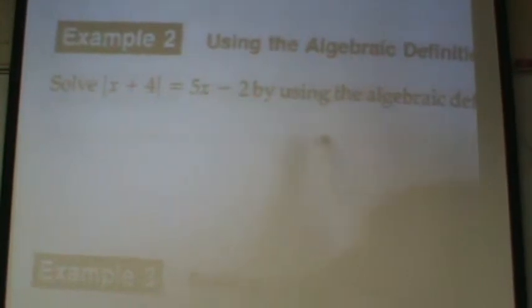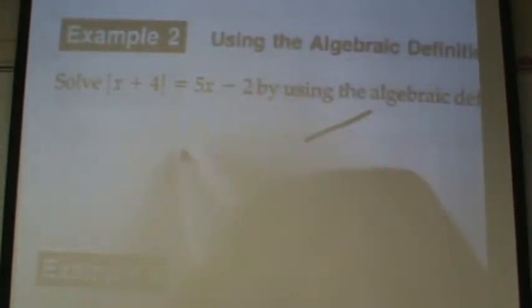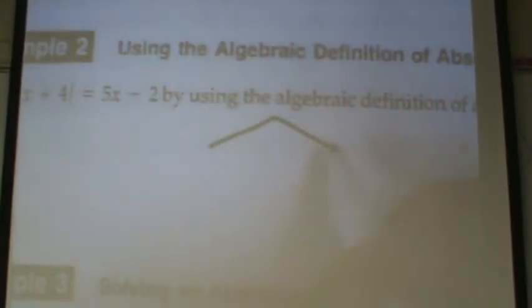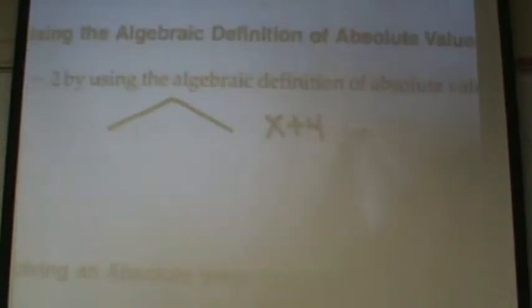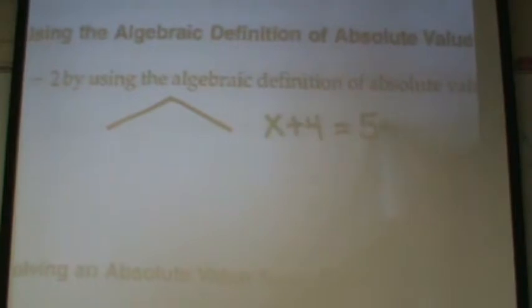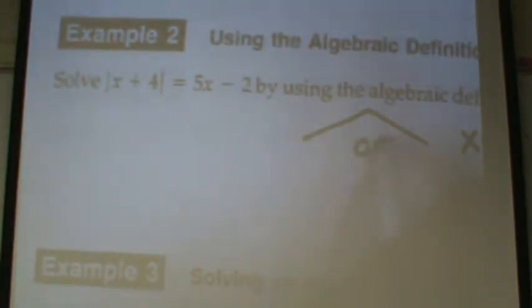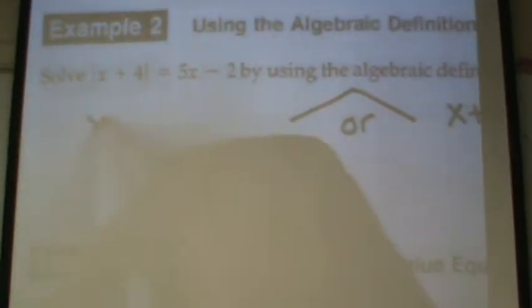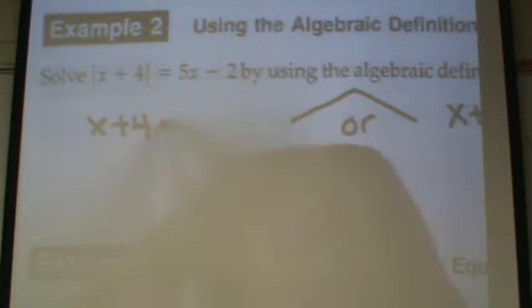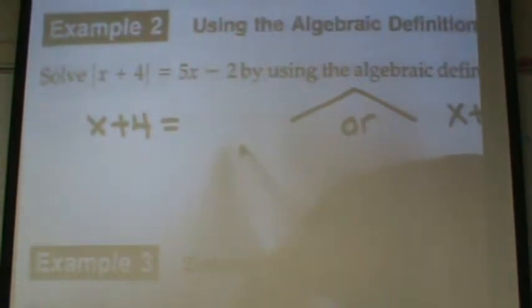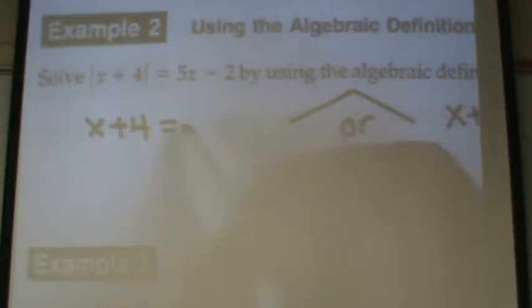So what you're going to do for this problem is start off by saying, okay, let's do two problems. We're going to break it up into x plus 4 equals 5x minus 2. All I simply did was drop the absolute value bar. And what would the other problem be? x plus 4 equals, anyone know what the other side's going to be?